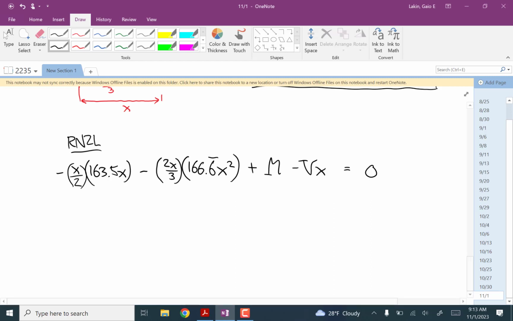So we got M is equal to, I'm going to put the second term in first because it has the higher order. So 2/3 of 166.6 repeating is 111.1 repeating, x to the third.